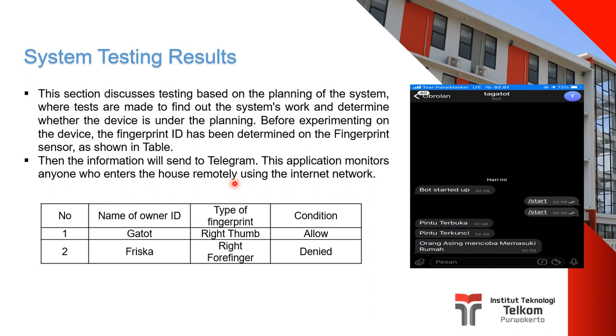We can see two examples of accessing the door by using their fingerprint. First, Gatot using right thumb as a fingerprint, and the condition is allowed because we installed it in the fingerprint database, already installed in the name of Gatot using right thumb.